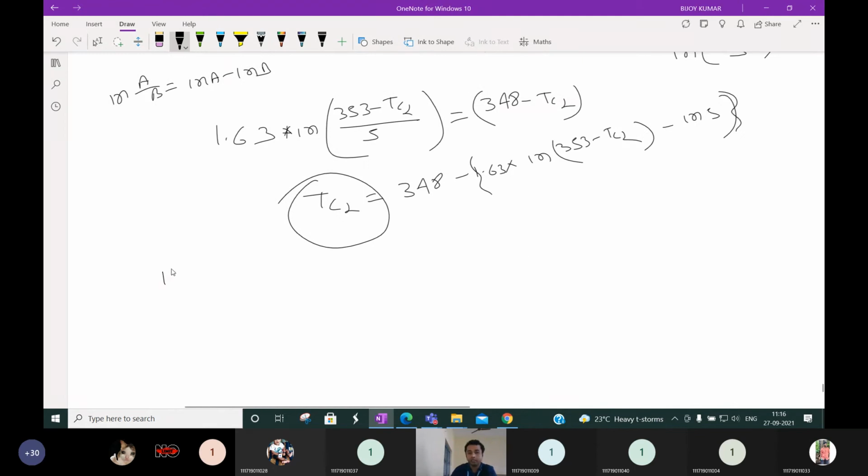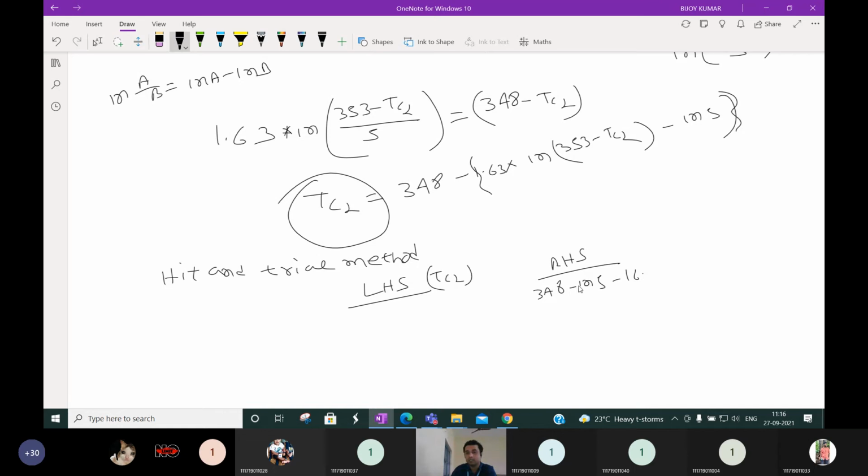Here we will use the hit and trial method, which you know already. Suppose LHS is TC2 and RHS is 348 minus ln 5 minus 1.63 ln of (353 minus TC2).